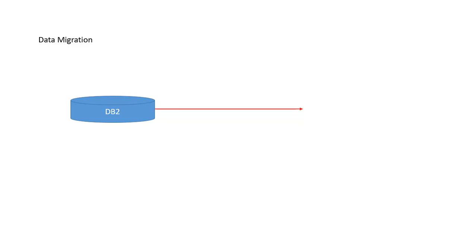For example, if we have a DB2 database and we want to switch to a new database system, for example MySQL, we just migrate the data from DB2 into the MySQL database system. We call this integration pattern data migration.